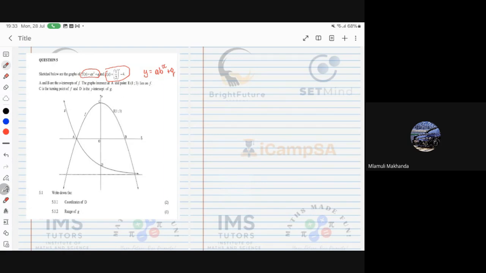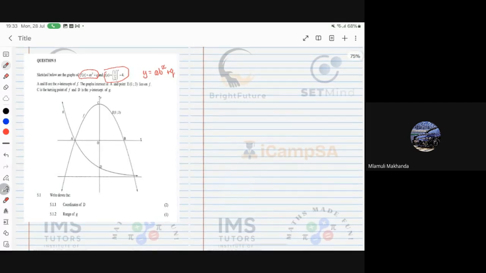So this is the general formula, and you can tell that we are dealing with an exponential function. A few things to remember: the q here, when we're dealing with the exponential function, is the asymptote, the value that the graph will never touch. And with the parabolic function, instead of an asymptote, we have an intercept.